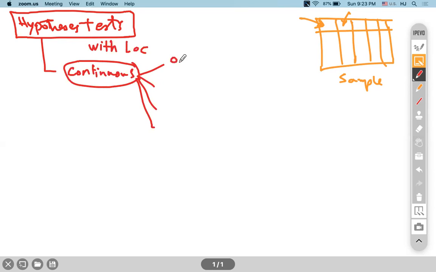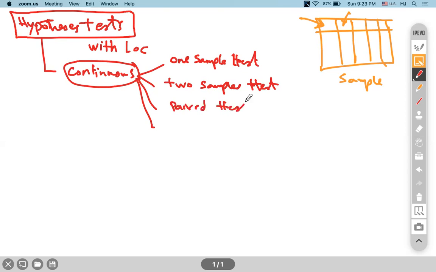You can do a 1 sample t-test. You can also do a 2 samples t-test. You can also do a paired 2 samples test, the paired t-test. You can also do an ANOVA test.